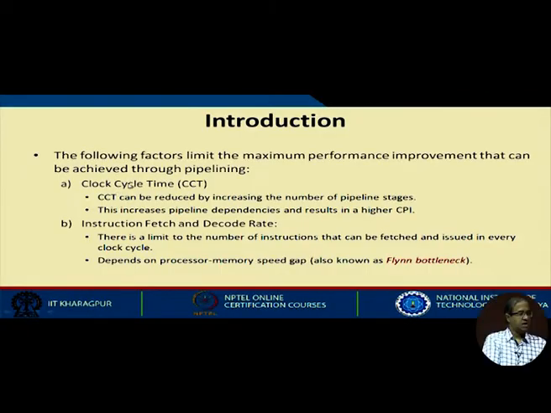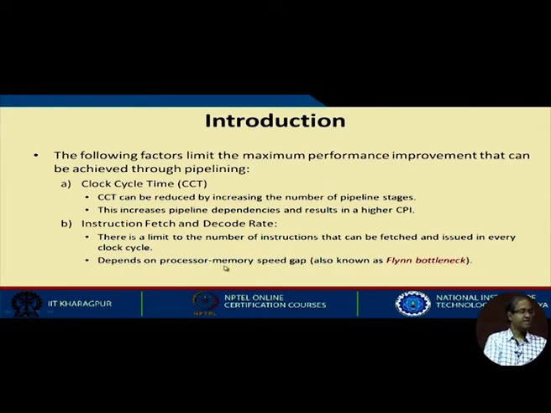So, if you increase the number of stages even further, this constraint will become even more pronounced. There will be more kinds of dependencies showing up. So, this clock cycle time reduction by increasing the pipeline stages can increase dependencies in general, which can result in a higher cycles per instruction or CPI.